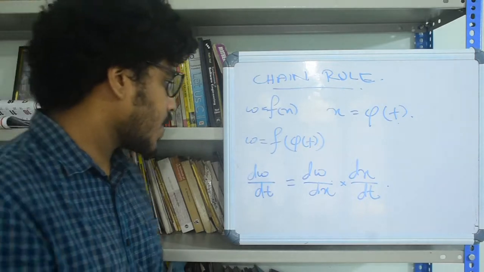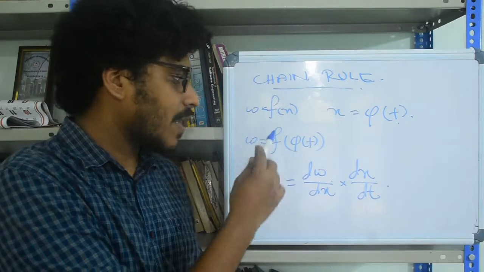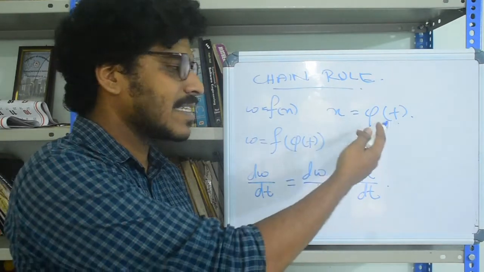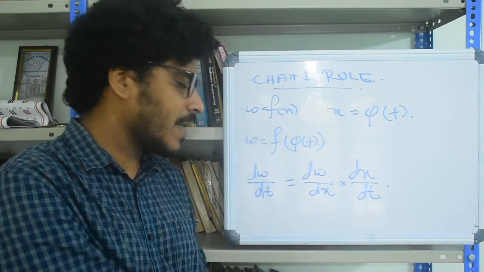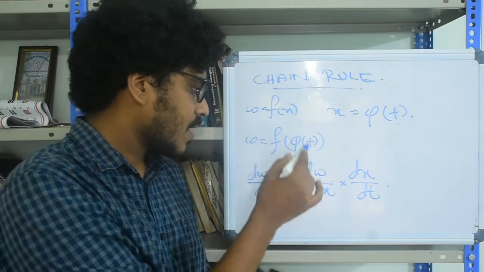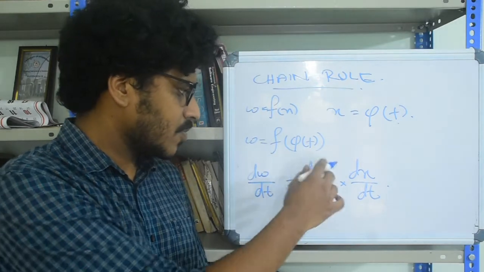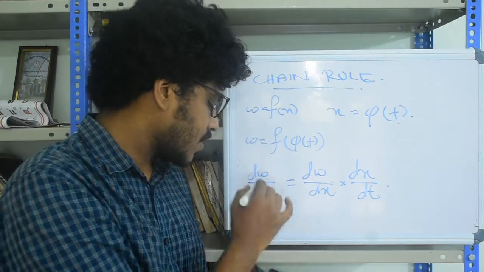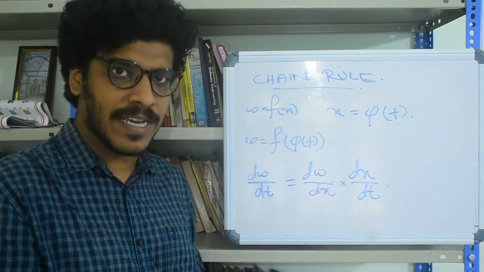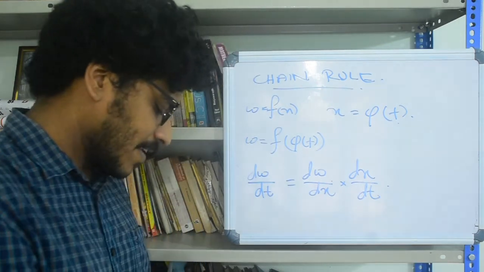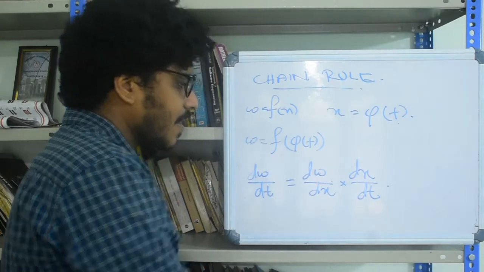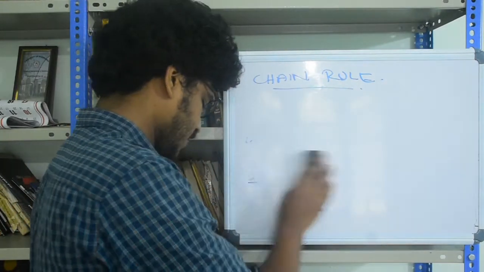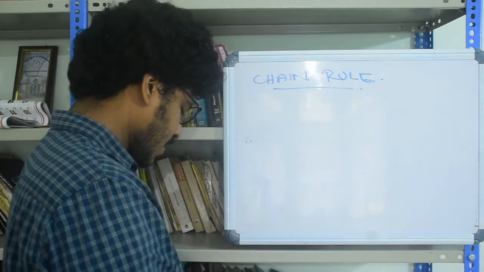So if you have a composition w equal to f of phi of t, where f and phi are differentiable functions of x and t respectively, then dw by dt can be evaluated as dw by dx into dx by dt. This is the chain rule for single variable cases, and as we have done before, we will be extending this directly to the cases of higher variables or vector functions.